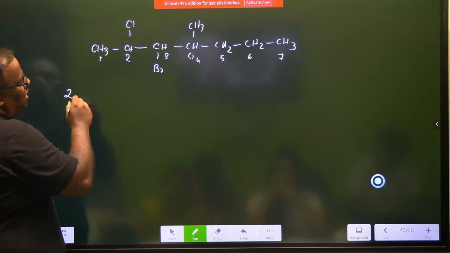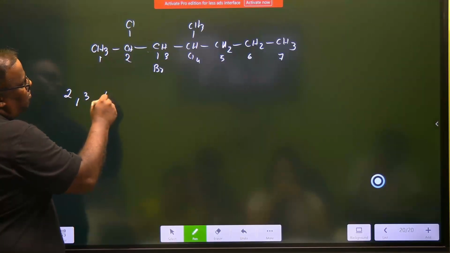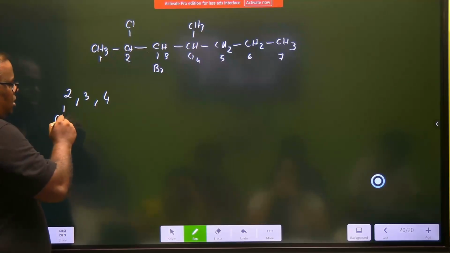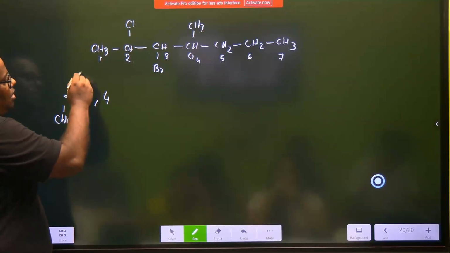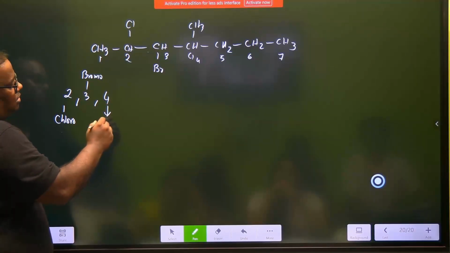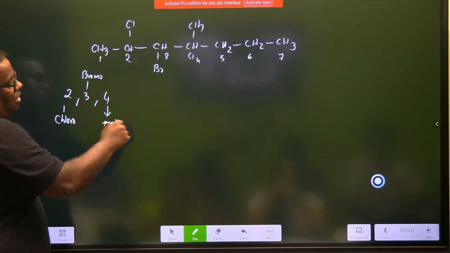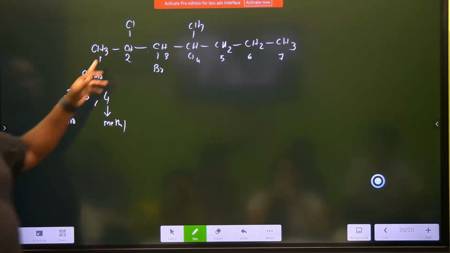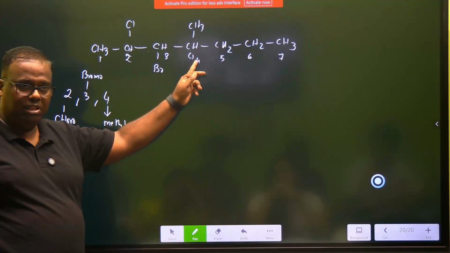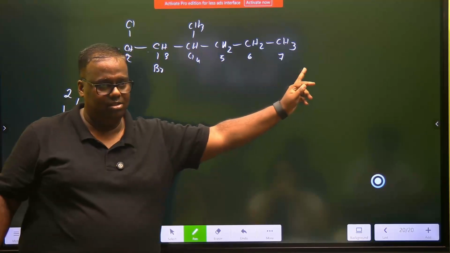Then branching is happening at 3. And branching is happening at 4. Agreed? At 2, who is attached? Chloro. At 3, bromo. And at 4, what is there? Methyl. So ideally, the name can be 2-chloro, 3-bromo, 4-methyl, heptane.